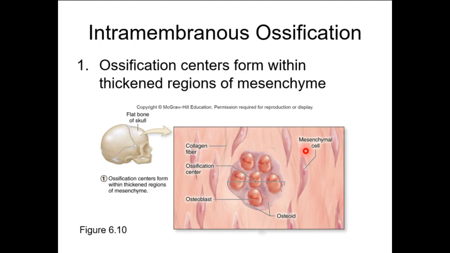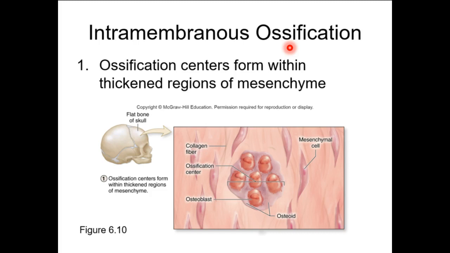All of your flat bones ossify via intramembranous ossification. I mentioned earlier, the examples would be bones of the cranium, which are all considered flat bones.